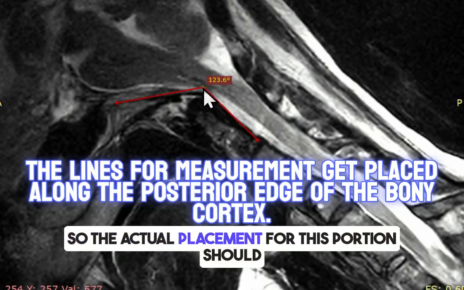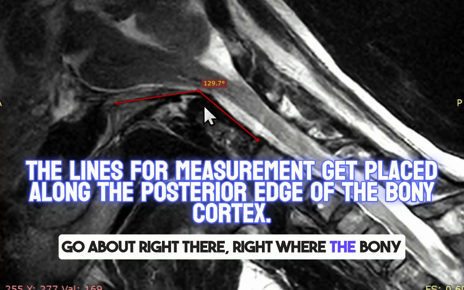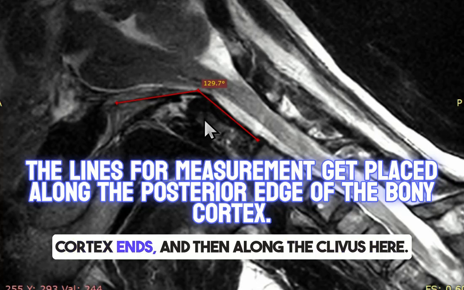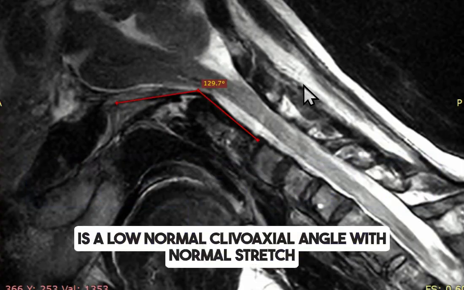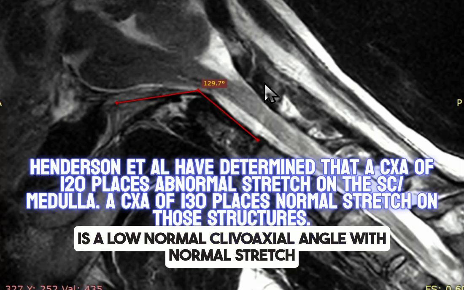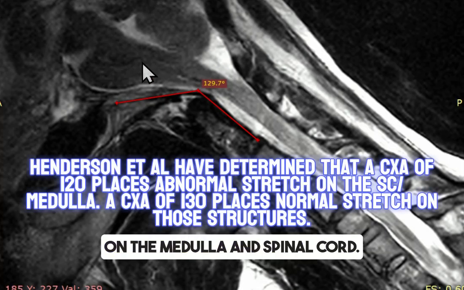So the actual placement for this portion should go about right there, right where the bony cortex ends, and then along the clivus here. So now we're at around a 130, which is a normal clivoaxial angle with normal stretch on the medulla and spinal cord.